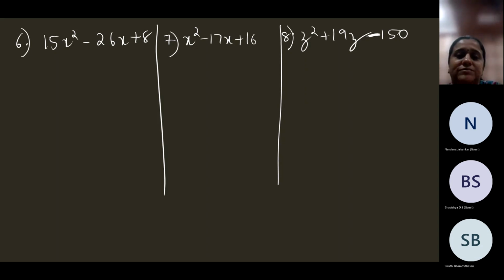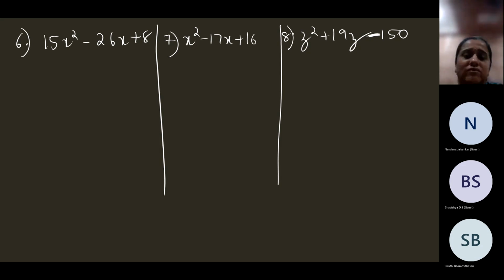So the answer will be a minus b the whole square or a plus b the whole square accordingly, as the case may be. But in question number 6, 7, and 8, though there are three terms, they don't go with a square plus 2ab plus b square or a square minus 2ab plus b square, either because the first and last term are not perfect squares, or even if they are perfect squares, the middle term is not matching, or the signs are not matching, because only the middle term can be plus or minus.